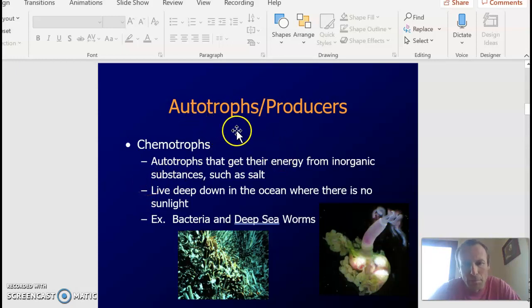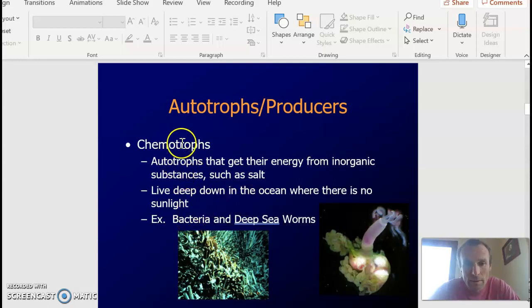Besides being a plant, there is one other form of autotroph you need to know about, and these are chemotrophs. Chemotrophs are organisms that have adapted to areas where there's no sunlight. So deep in the ocean, at the bottom, the sunlight doesn't make it down there. How can we have a thriving biological community at the bottom of the seafloor?